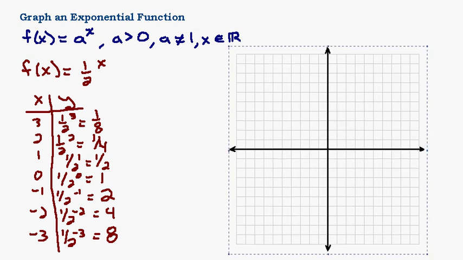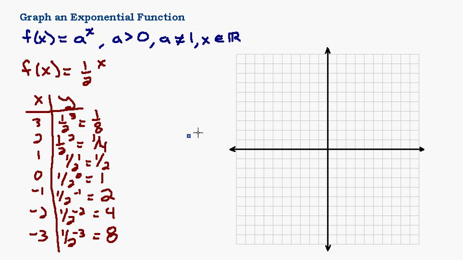Let's plot these points. Okay, we've got 3 and over 3 up 1/8, just barely up right there. Over 2 up 1/4, over 1 up 1/2, over 0 up 1, -1 up 2, -2 up 4, -3 up 8.